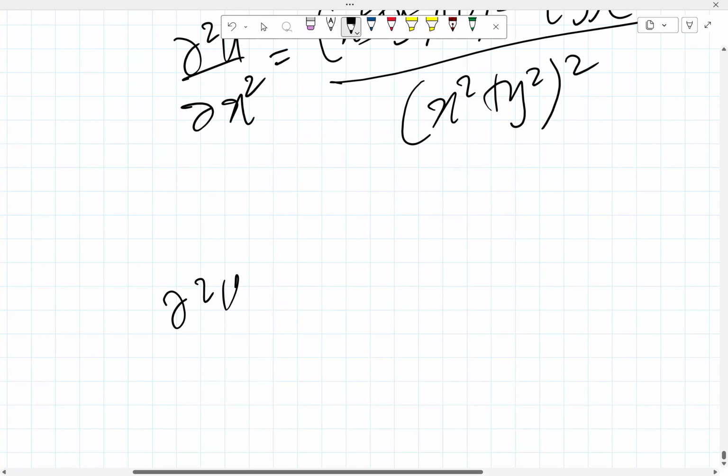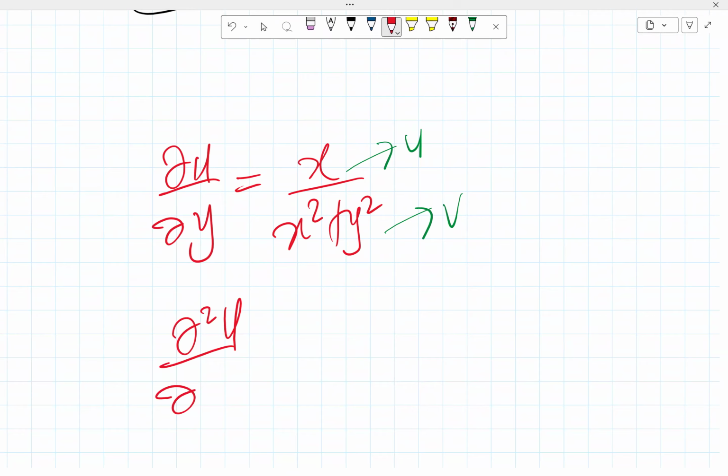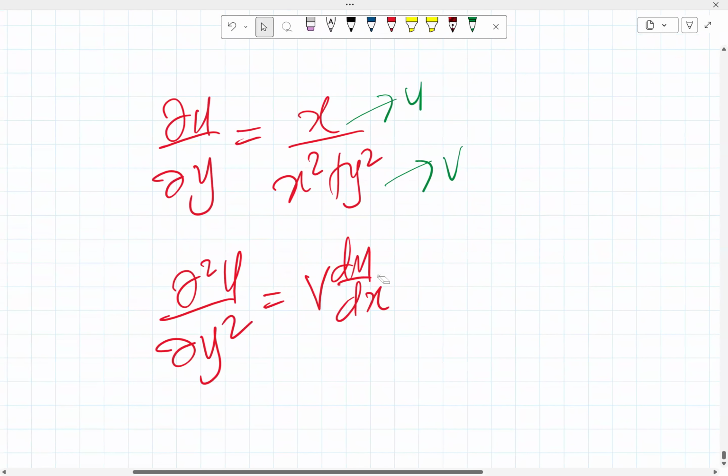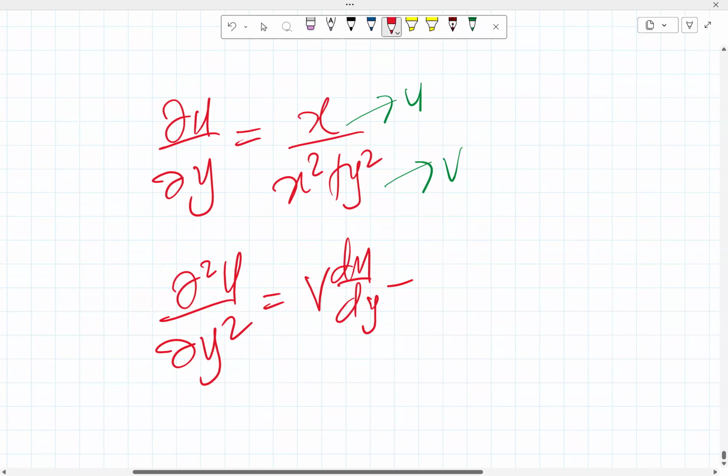We know that partial squared u, partial y squared will be v du dy minus u dv dy, all over v squared. So that's partial squared u, partial y squared equals, what is v? v is x squared plus y squared.